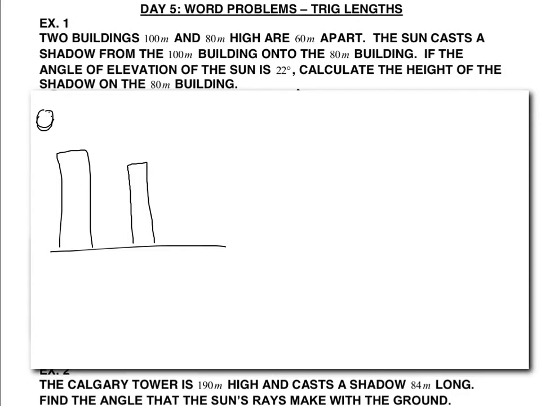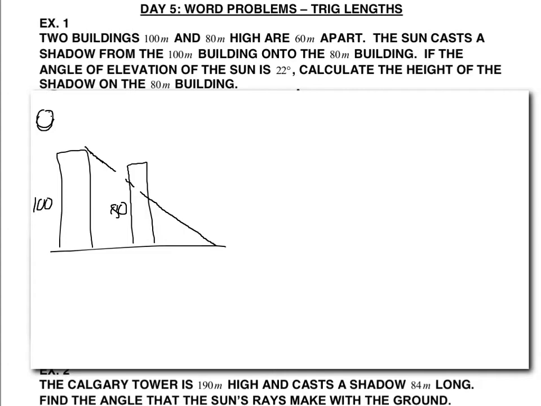We've got our rays of sun that are coming down. It's going to nick the top corner of the large building and cast a shadow on the smaller building, because that's how they've said it's been done. This one was 100 meters. This one was 80 meters.